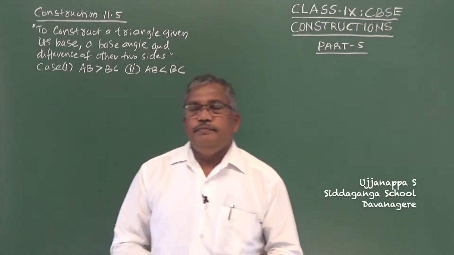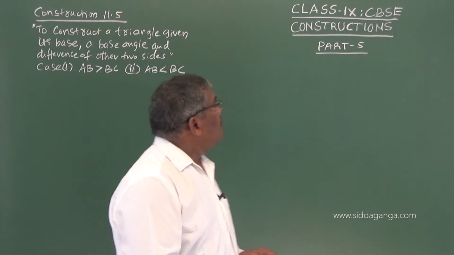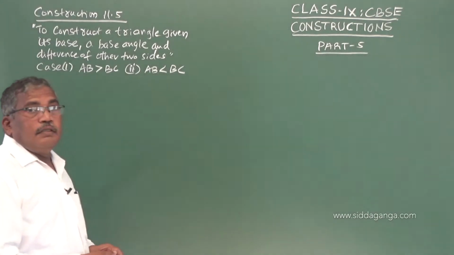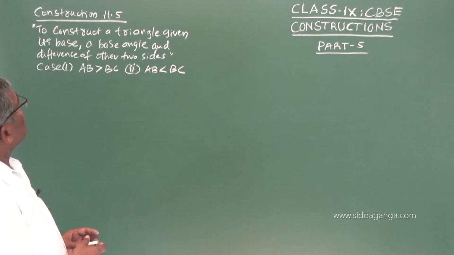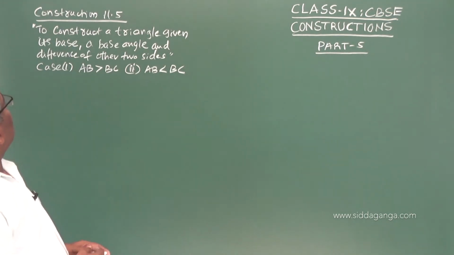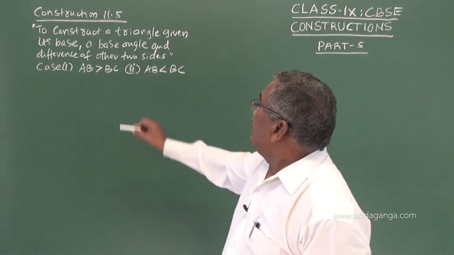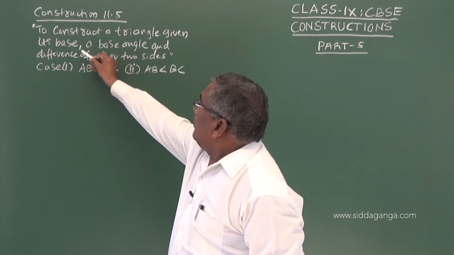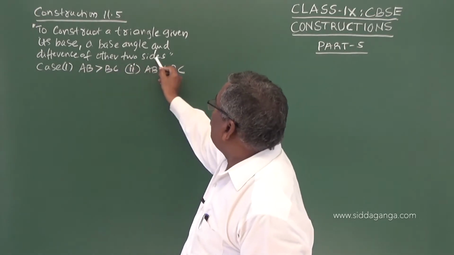Hi students, so under the constructions chapter, in the previous class we were discussing construction 11.5. It involves constructing a triangle given its base, angle and difference of other two sides.